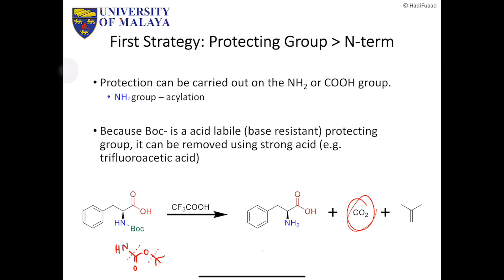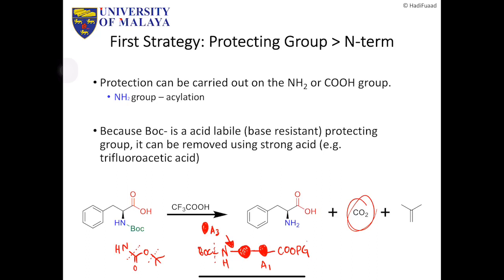So say you have one peptide here, the first amino acid, then you have your second amino acid. Now remember the carboxyl terminal is protected. Initially the N terminal is also protected using Boc, but with the treatment of TFA, you can cleave this bond, regenerate the primary amine, and you can add a third amino acid, thus growing the sequence.